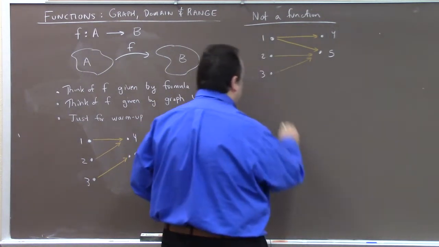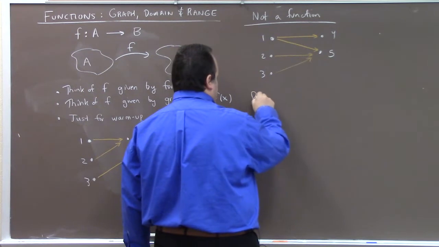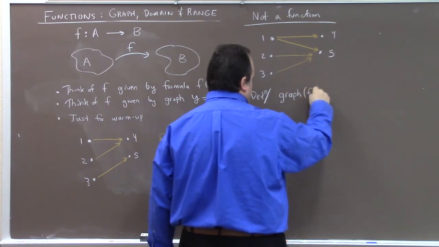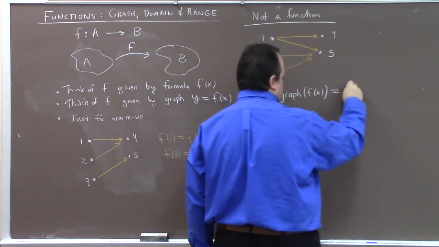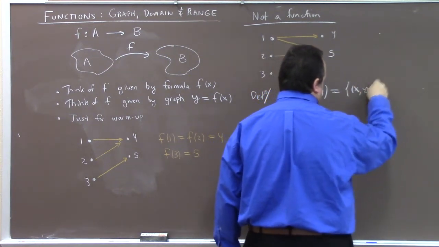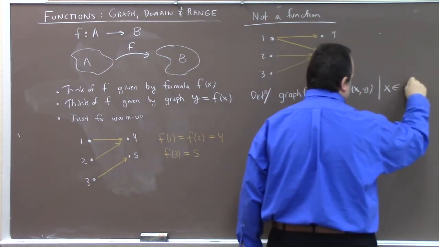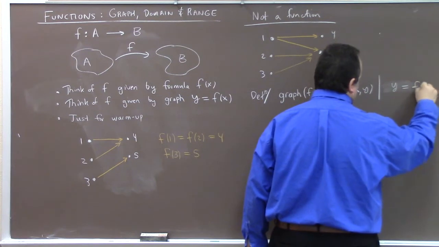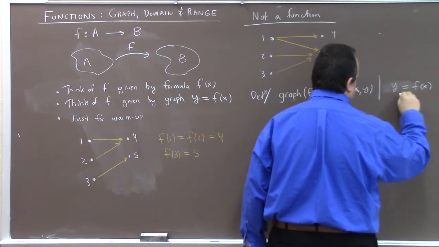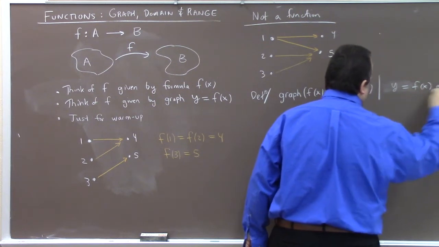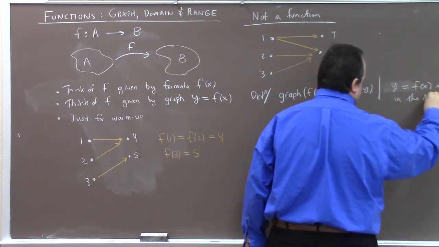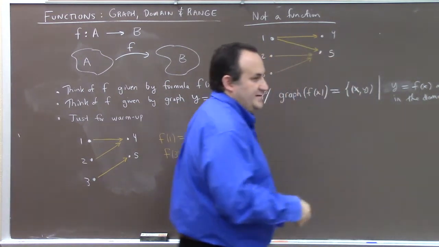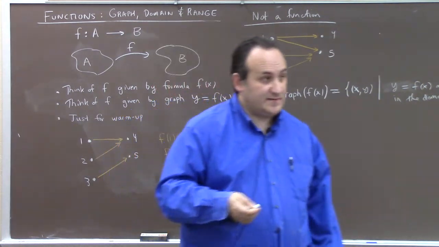So let's talk about the graph. So, definition: the graph of a function like f of x is the set of (x, y) such that y equals f of x and x is in the domain of f. Now, x in the domain of f is just a fancy way of saying the formula for f of x makes sense.